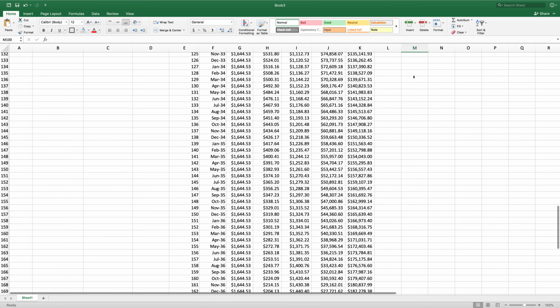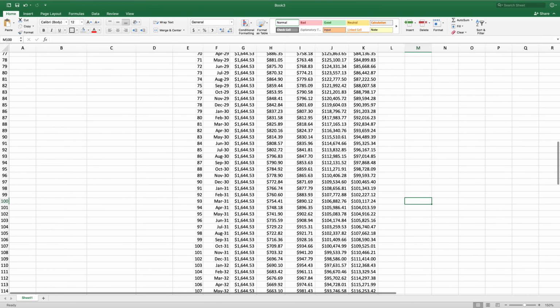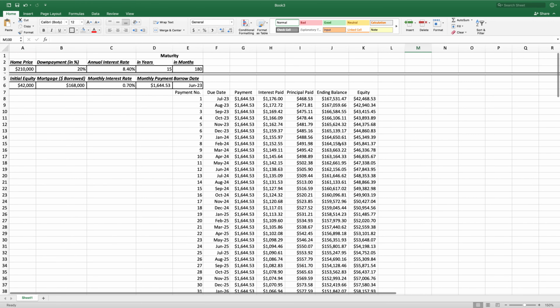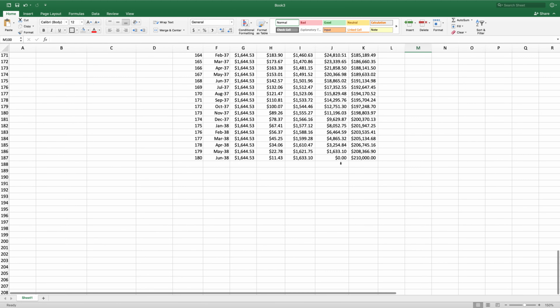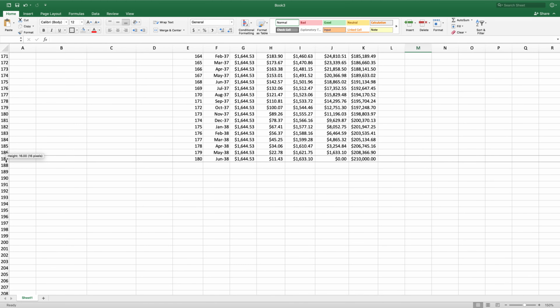What you'll notice is that this column J, which has the ending balance, if you've done everything right, should have 0 in it. There might be a little rounding error depending on how you do it, off by plus or minus like 10 cents, but by and large it should be 0. And your equity, by the time you've made the last payment, should be $210,000.